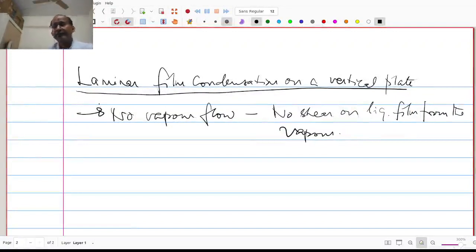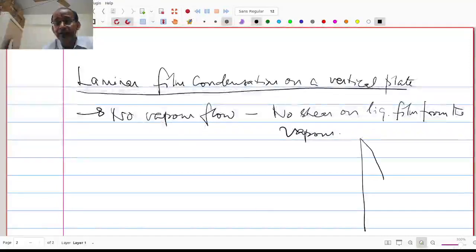So if I write the equation for natural convection in the vertical film that is there, then with the boundary layer approximation, of course, we'll write it. So this is the plate and this is the laminar film that is formed here.